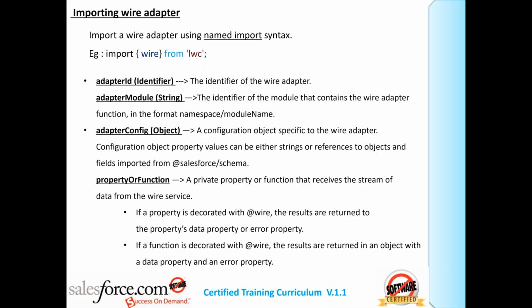Next, what does the wire adapter consist of? Number one, adapter ID. Number two, adapter module. What are the elements in wire service? Number one, adapter ID. Number two, adapter mode. Number three, adapter config.